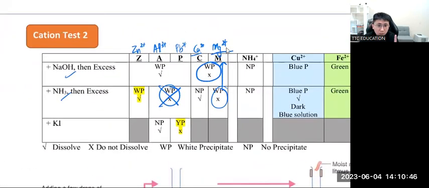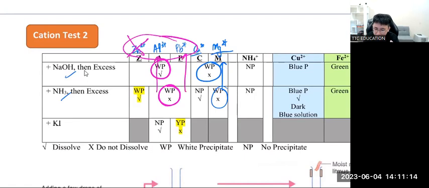The sodium hydroxide test gives you WP with a tick, which is this one. So from test 1, I know my answer is Zn, Al, Pb. Then test 2 gives you WP with a cross, which is this. So now I can eliminate Zn. But how many choices do I still have? Under WP with a cross on the second test, the ammonia test, I still have Al and Pb, right?